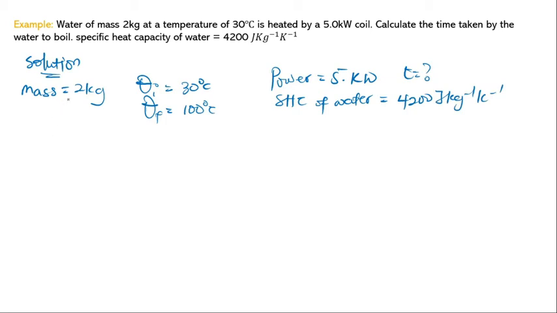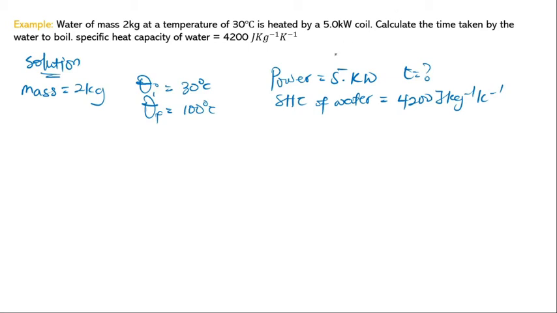All right, so let's analyze the question. First of all, we need to know the heat energy being supplied to the water to move from 30 degrees Celsius to 100 degrees Celsius. So we need to calculate that heat. After we find that heat, we can use it to find the time taken for the water to boil.